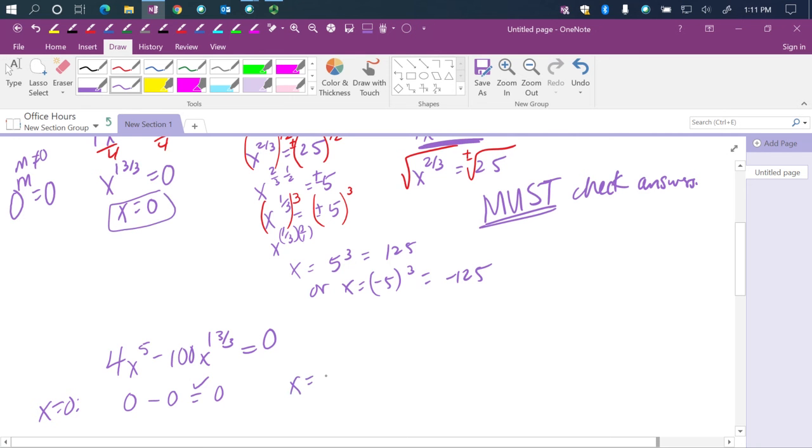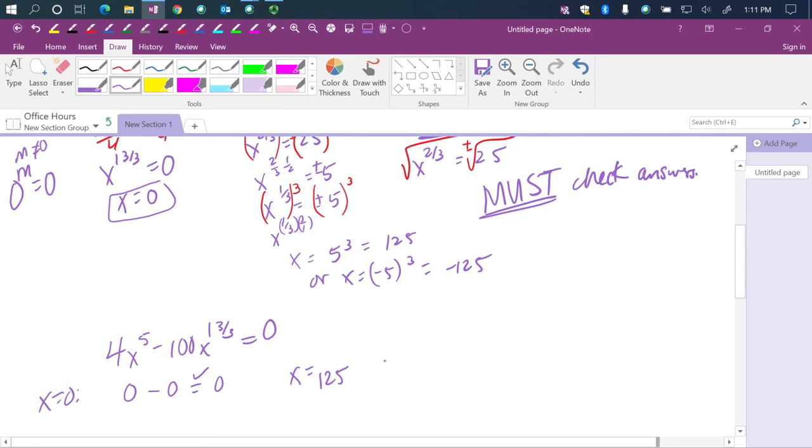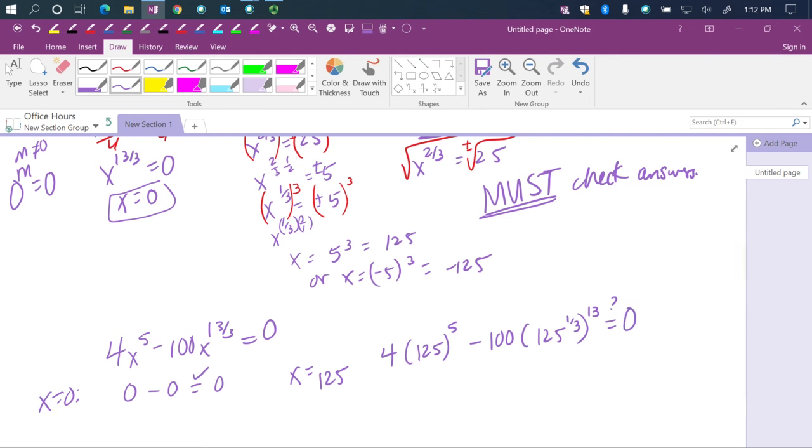Now let's check x equals positive 125, excuse me. So 4 times 125 to the 5th minus 100 times 125 to the 1/3, raised to the 13th. Is that equal to 0? I have to use my calculator here. That's really big. Let's see.